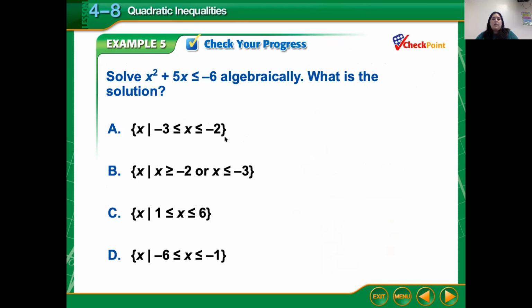All right, go ahead and try x squared plus 5x is less than or equal to negative 6. Pause the video as needed so that you have time to work it out. All right, taking a look here, we have x squared plus 5x is less than or equal to negative 6. So I'm going to add 6 to both sides.